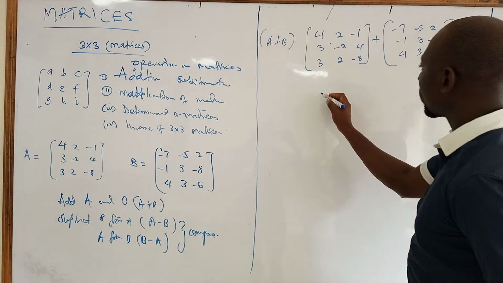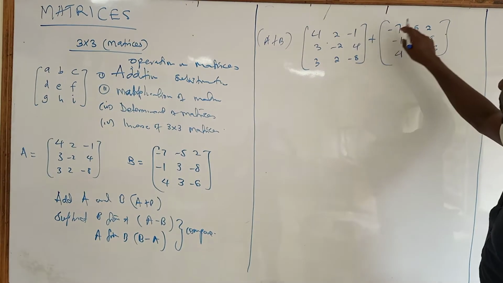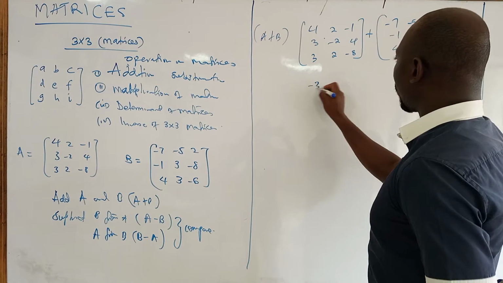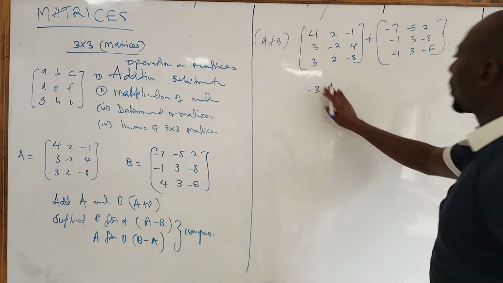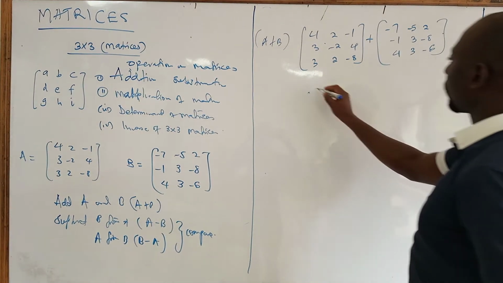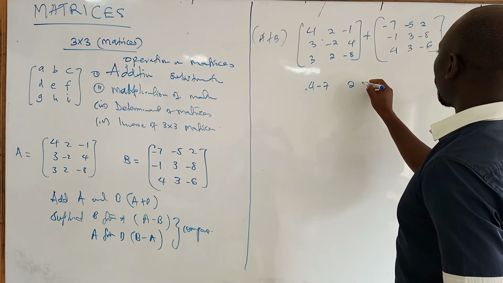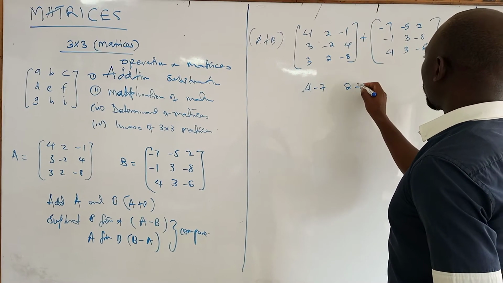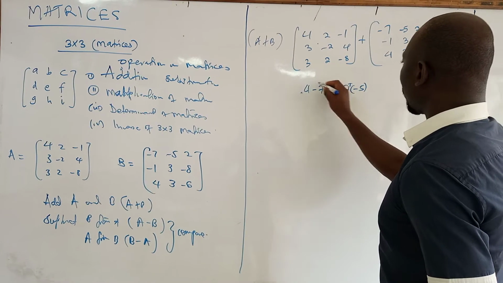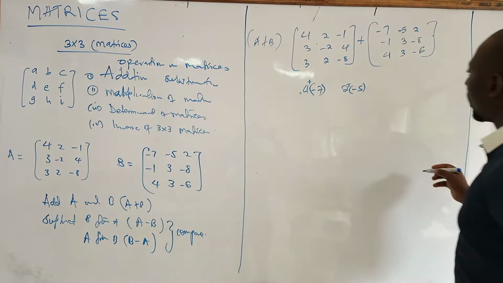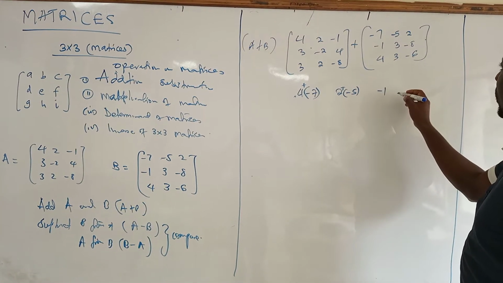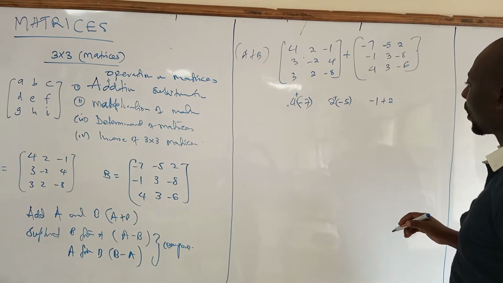That one shall give us 4 plus -7 gives us -3. Let's just write them in full, then we compress. That is 4 minus 7. Here we have 2 minus 5. It is a negative, so we have a plus here. Then you also have -1 plus 2 at that point.